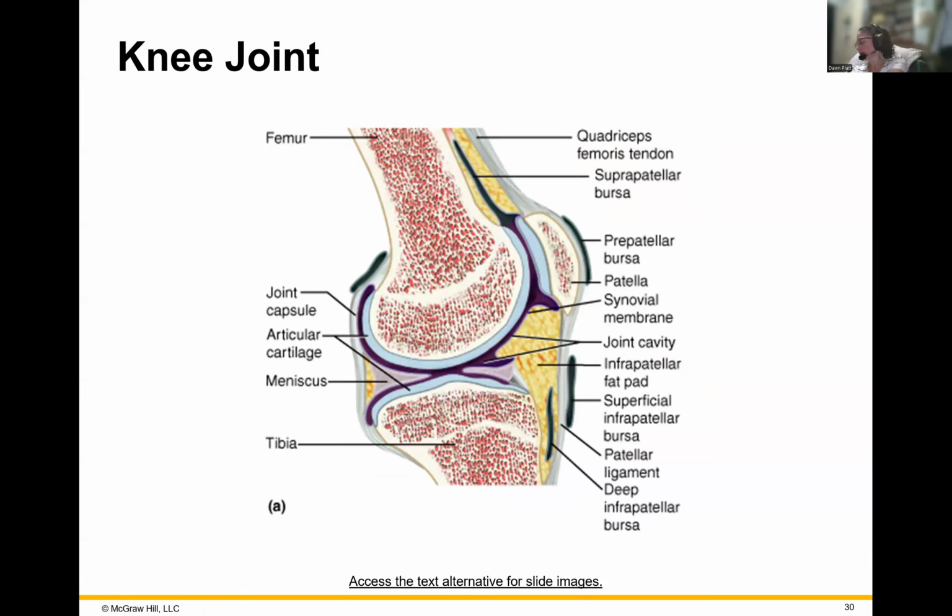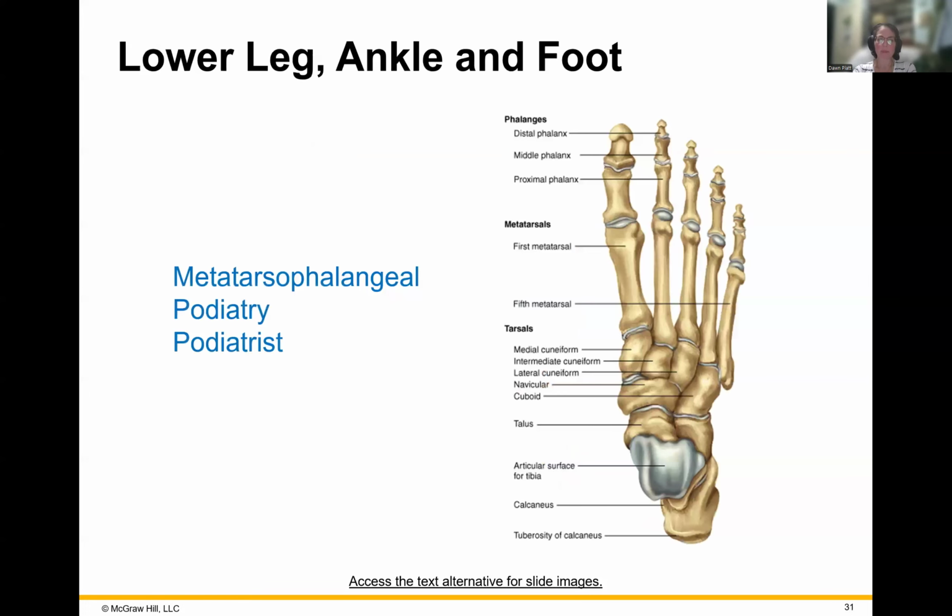Now we go down to our knee joint, on page 477. You've got your femur up here, and then this side is going to be your tibia. Your tibia and your fibula are the bones of the lower leg below the knee. Your femur is a big fat one up on your thigh.